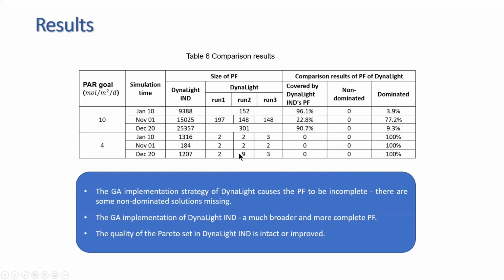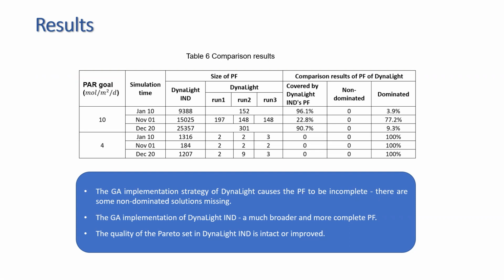So from analyzing this table, we can say that for the old version, the genetic algorithm implementation strategy can cause the Pareto frontier to be incomplete. That means some non-dominated solutions are missing. For the new version, the genetic algorithm implementation can cover a much broader and more complete Pareto frontier.